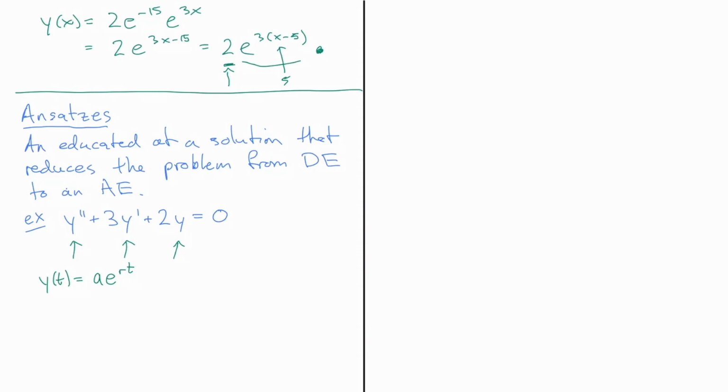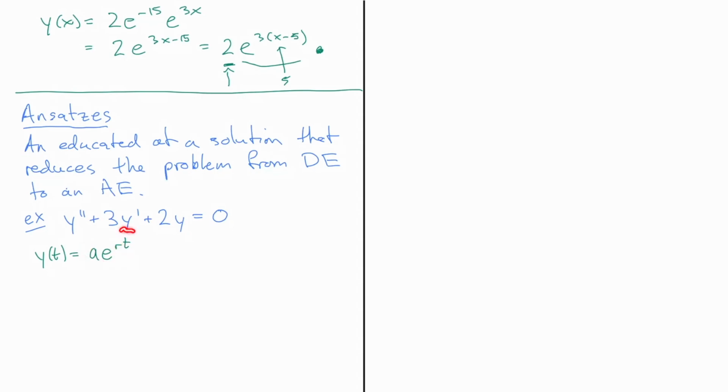And now, with what I just said, what happens when we take this ansatz, this educated guess, and plug it in? Well, what we're going to see is that the function itself has an e to the rt in it. When I take a derivative, this r is going to come out in front, but this part of it is going to stay the same.